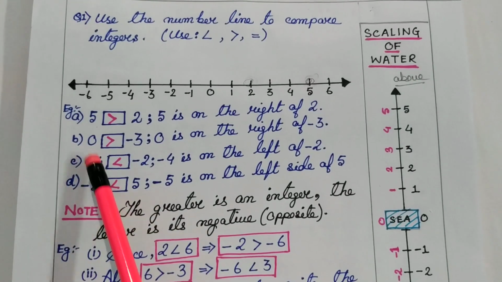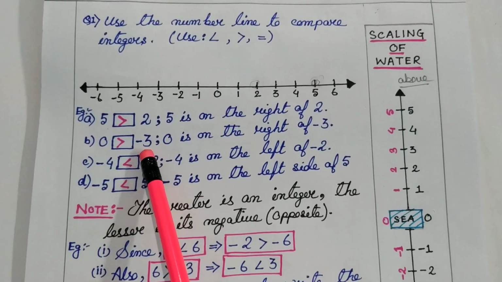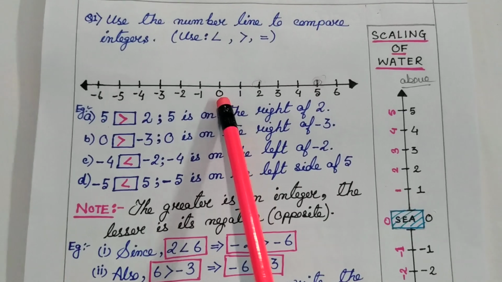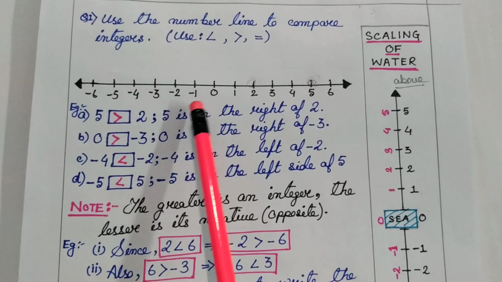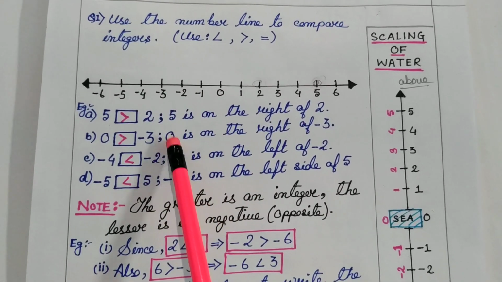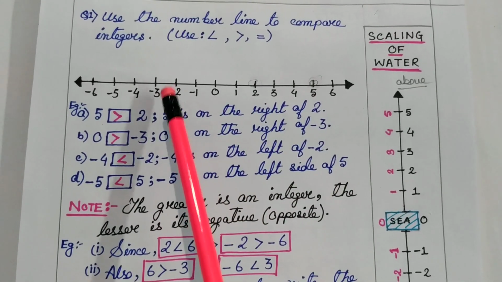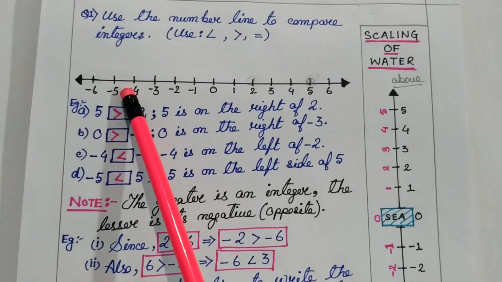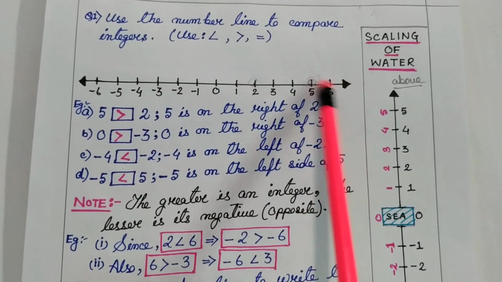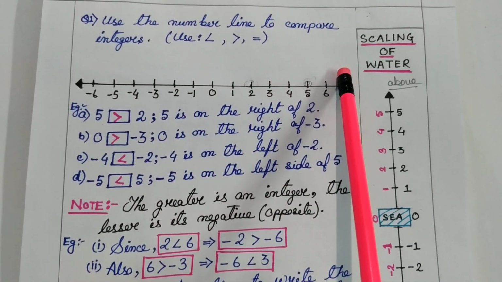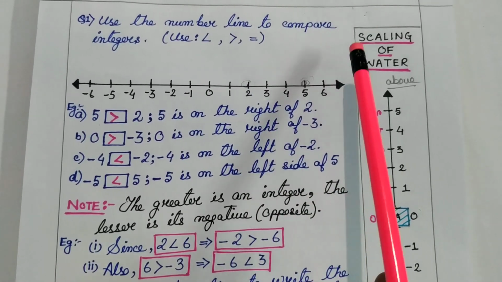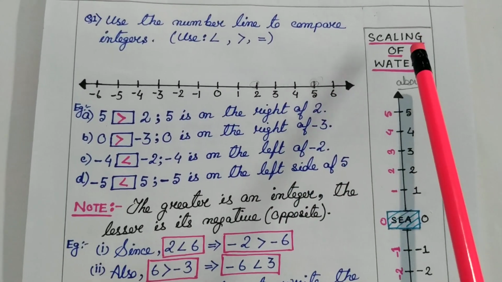Likewise, next question is 0 and minus 3. Now 0 is over here, minus 3 is over here. That is a negative value. So obviously 0 is on the right of minus 3. As we move this side, what will happen? The number will increase.